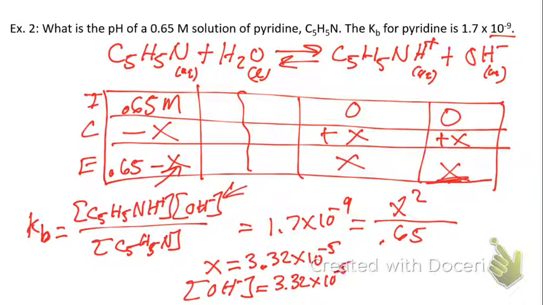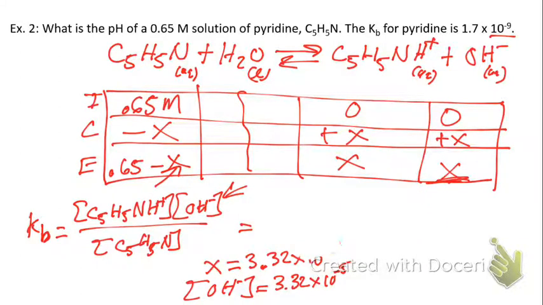Now that we have the OH- concentration, we can figure out the pH. I'm going to erase this to create some more room here. We know that pH plus pOH is equal to 14.